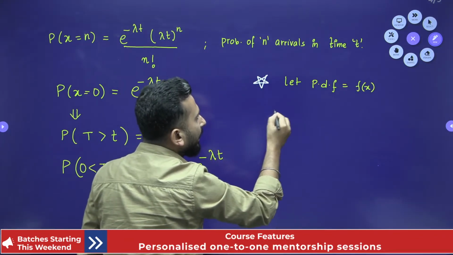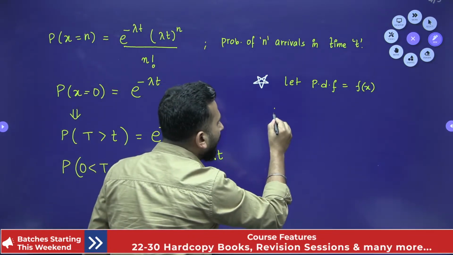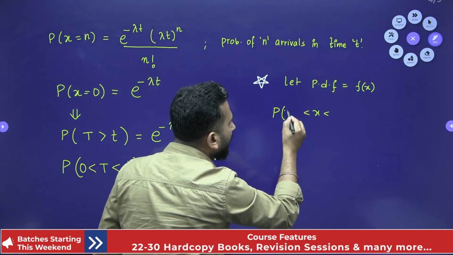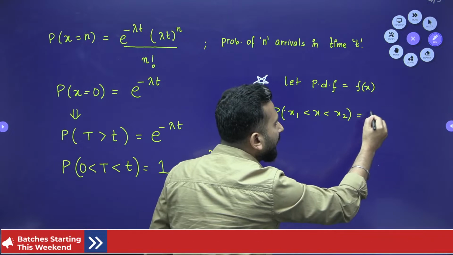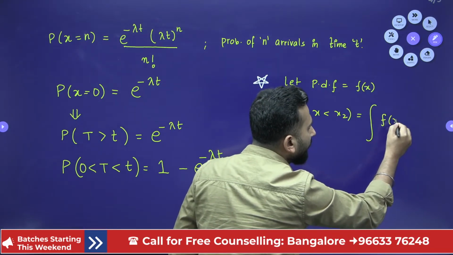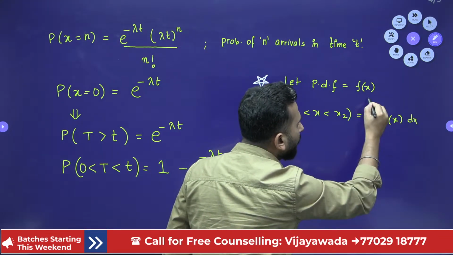And if I ask you in continuous distribution functions to find the probability between x1 and x2, we know that we have to integrate this density function from x1 to x2.